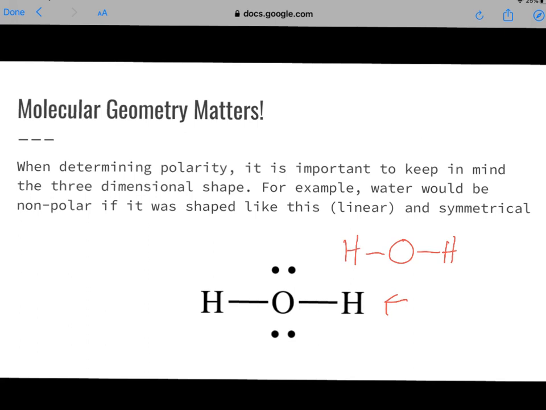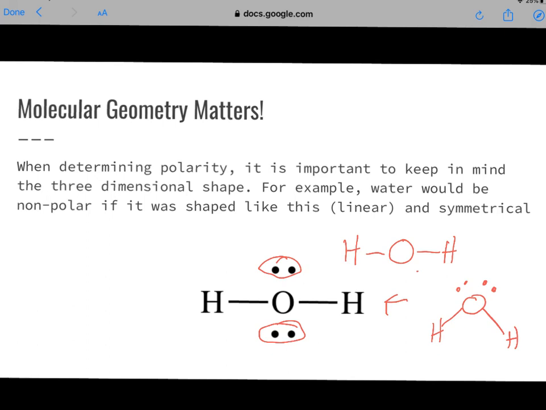It's the same on both sides, like they would be pulling evenly. But water isn't actually shaped like this, right? Because these pairs of electrons will repel the hydrogens. They'll push the hydrogens down and make it like this.